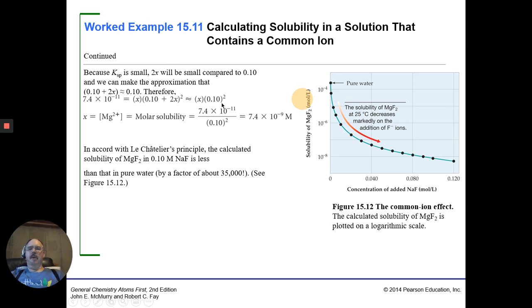We square 0.1, and that gives us 0.01, and we divide both sides by that. And that gives us 7.4 × 10⁻⁹. So having that extra sodium fluoride in there reduces the solubility by a factor of about 35,000.